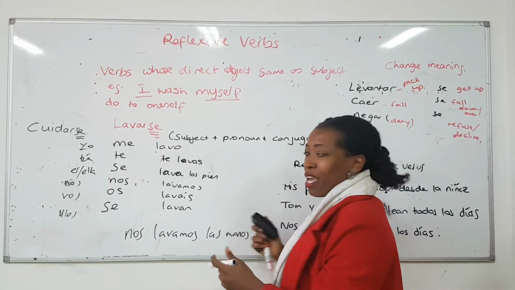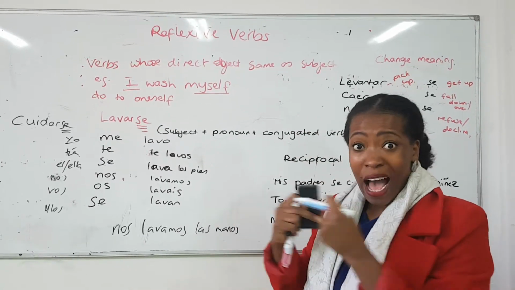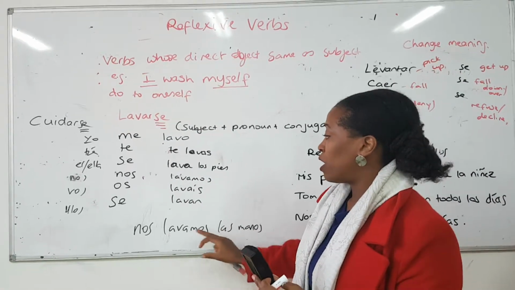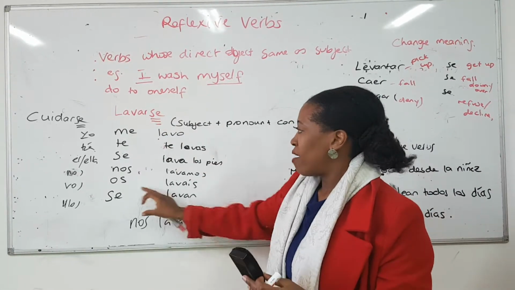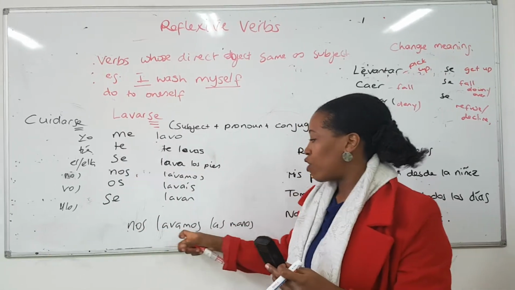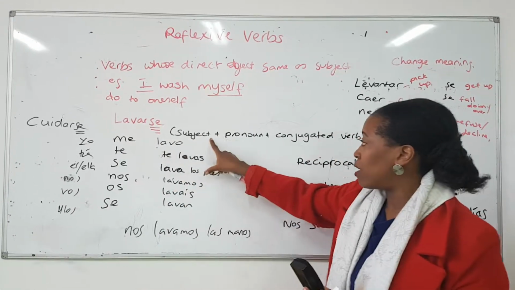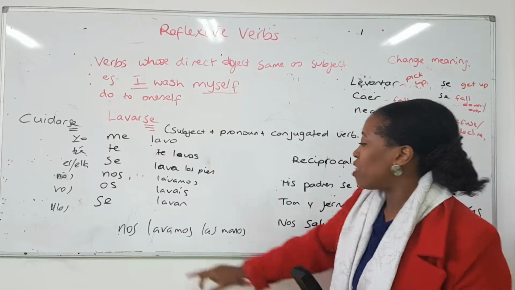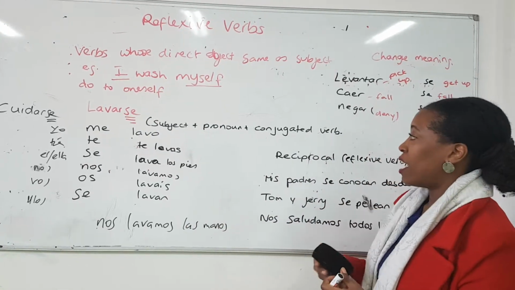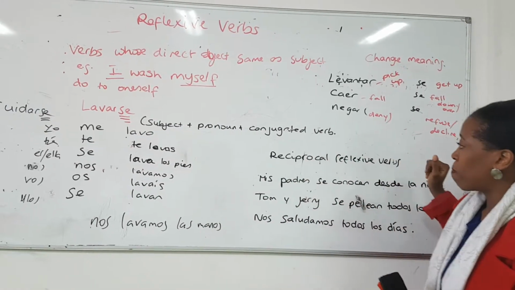This would literally be we are washing our hands. Make sure you put the se converted to the subject you're looking for before you put the verb. So normally it's the subject, the pronoun, and the conjugated verb.